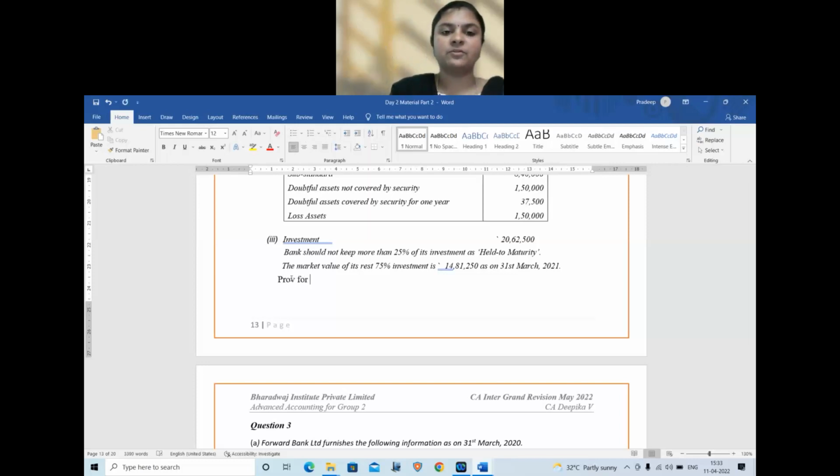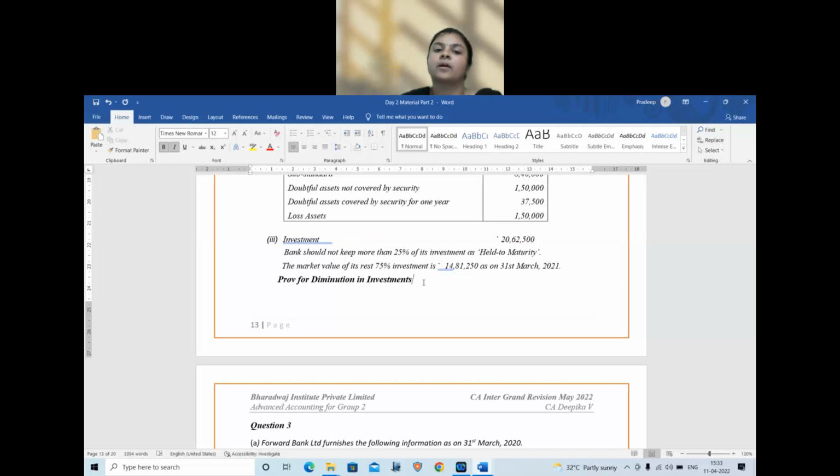So provision for diminution in investments needs to be provided. Diminution is the word, please use it. That will be created only for the amount which is not held to maturity, which is in other words the 75%.